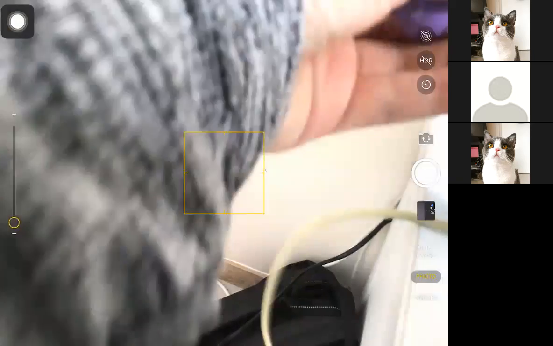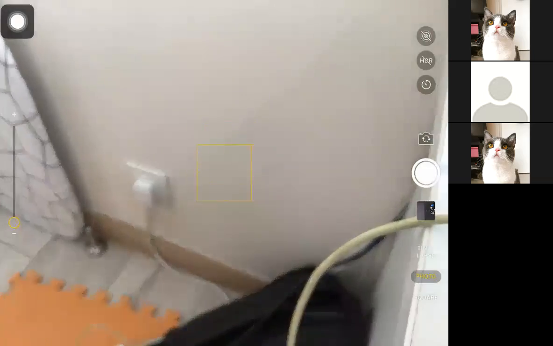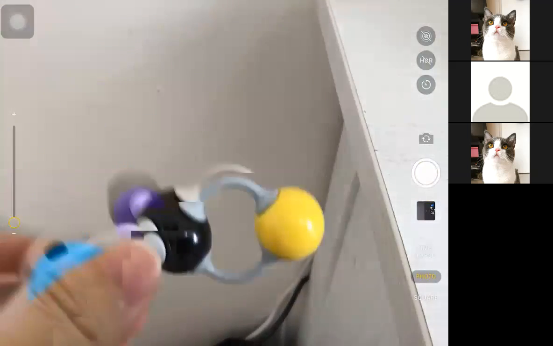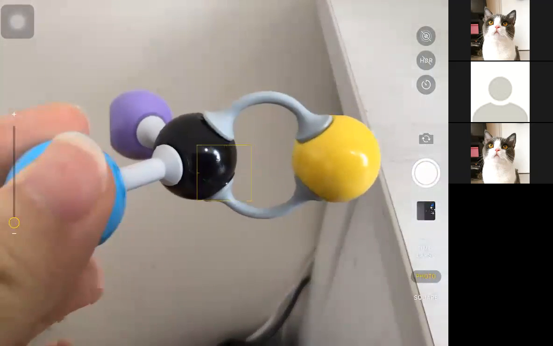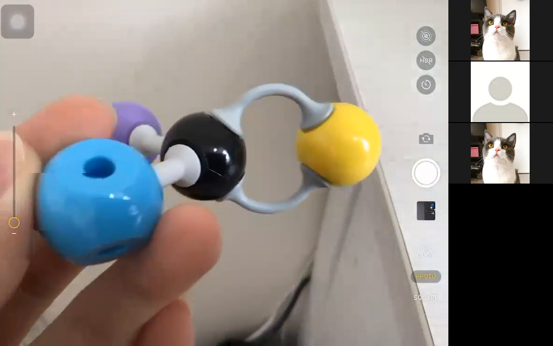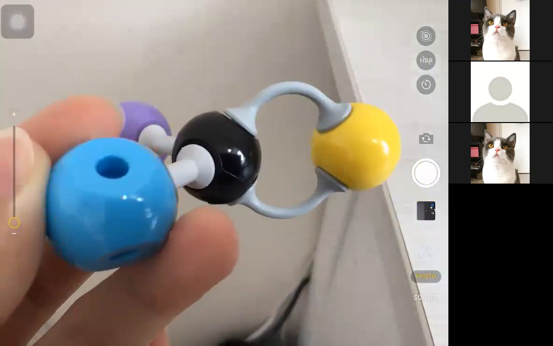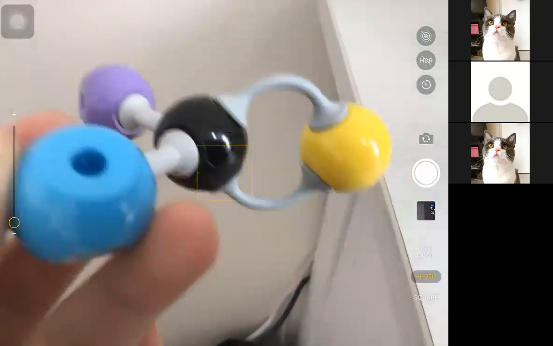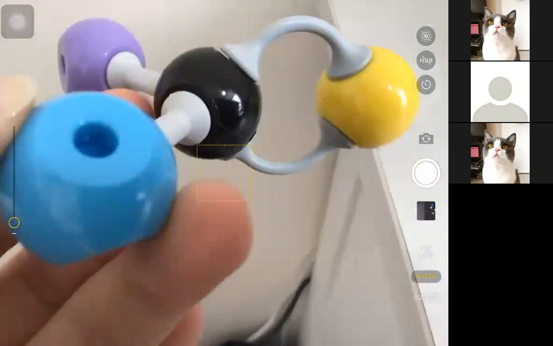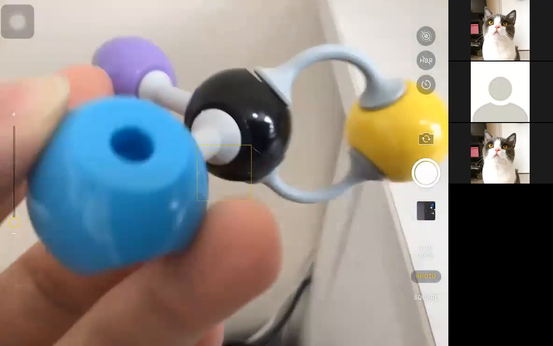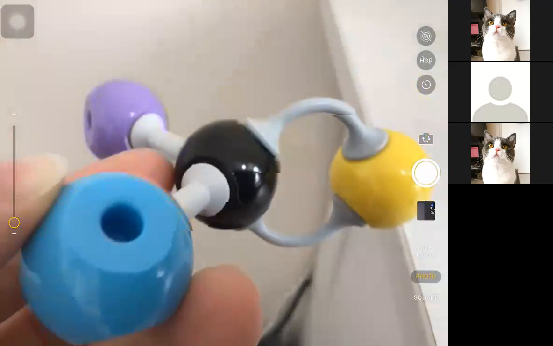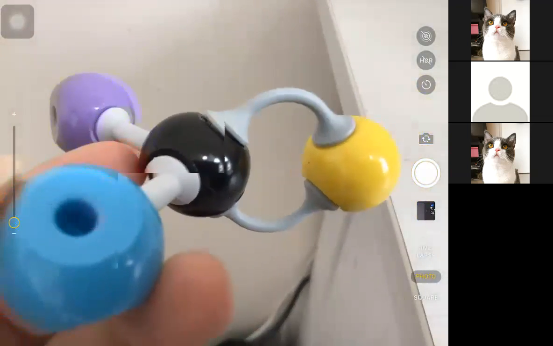Okay, so here we have the molecule. You can see for the example I gave in the notes, it's a symmetric molecule, so it doesn't really matter. But if I have this molecule, you can treat the black one as carbon, and there are two different alkyl groups attached to that carbon, so it's an asymmetric molecule.